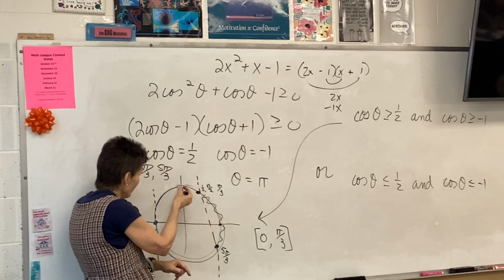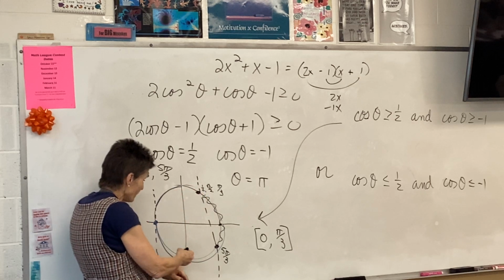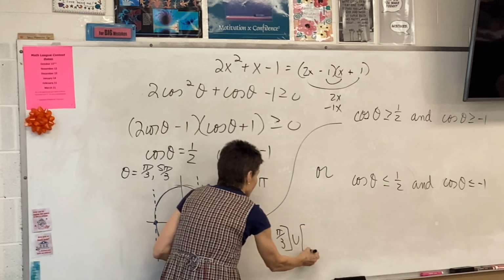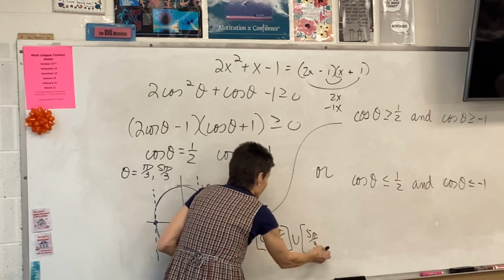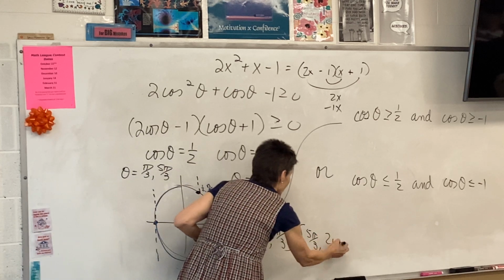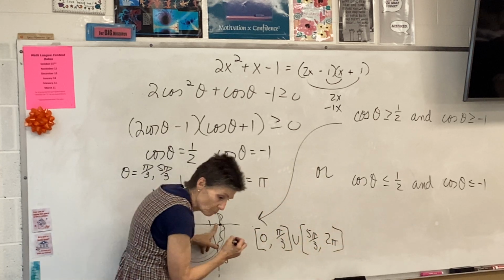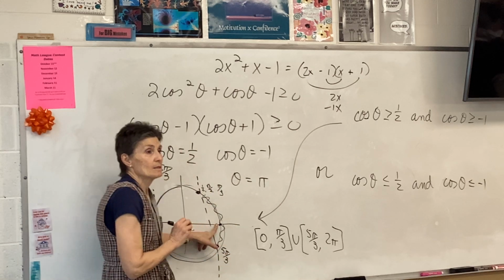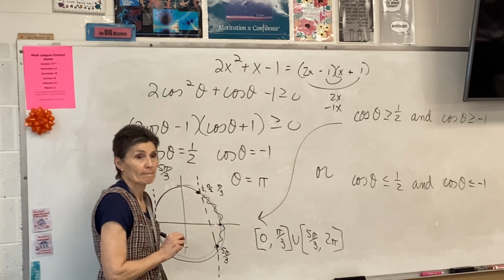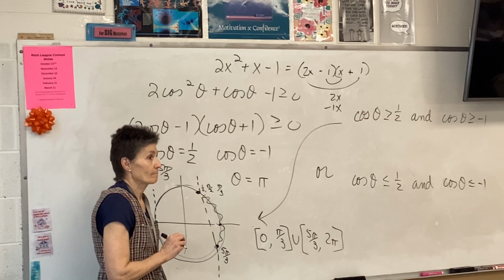And then I'm going to keep going. No more shading, no more shading, no more shade. Whoops, it starts back up here. And it goes all the way to 2 pi. And I need to check my directions. Is 2 pi included? Yes. So that's gonna be the answer to the first part. You okay with that?